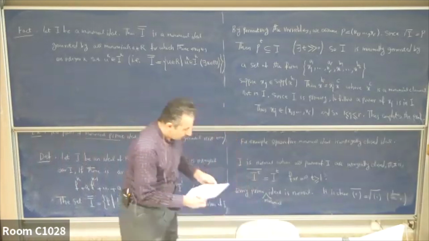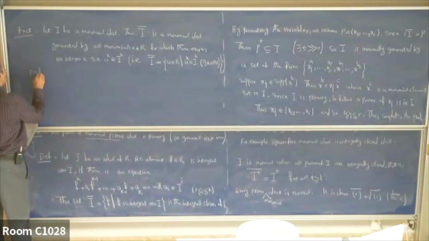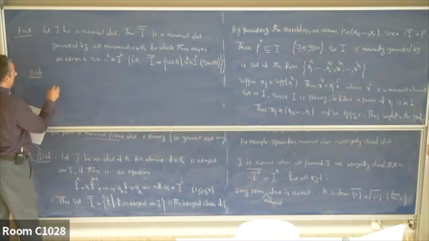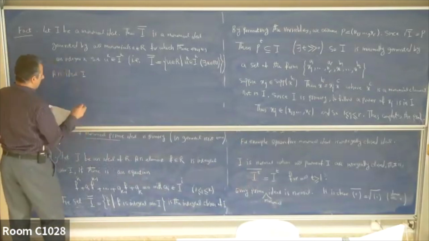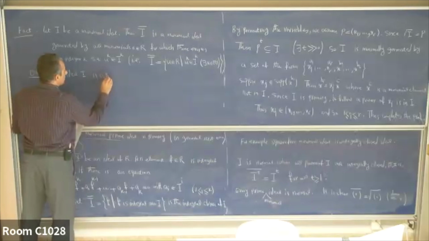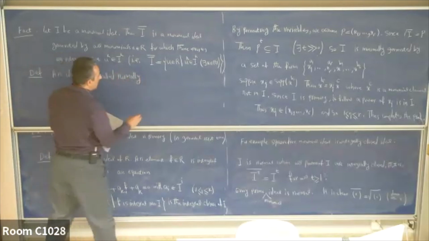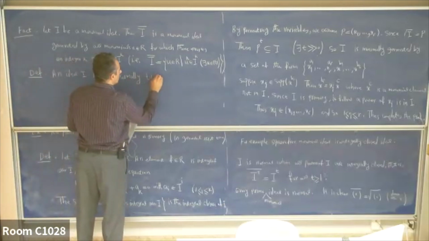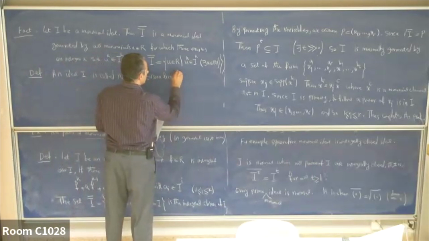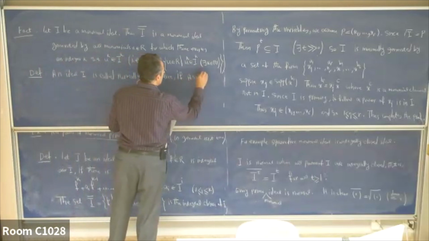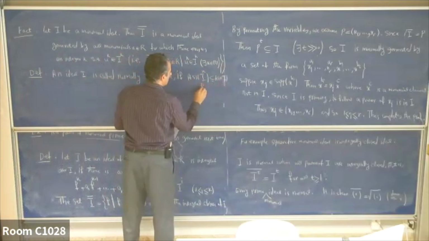So, definition. An ideal I is called normally torsion free if Ass(I^k) is contained in Ass(I) for all k.